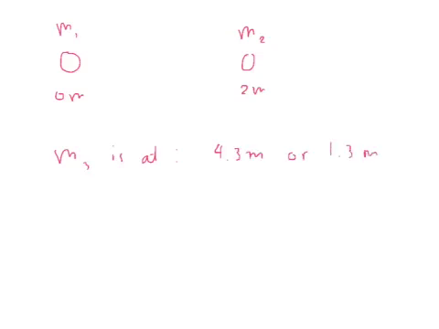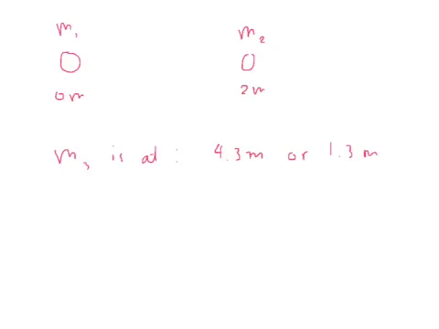So in our picture, here was M1, here's M2, and this was located at the position of 0 meters, M2 is at 2 meters, right? Now, the two solutions that we have from the quadratic equation is that M3 is either at 4.3 meters from 0 or 1.3 meters from 0.